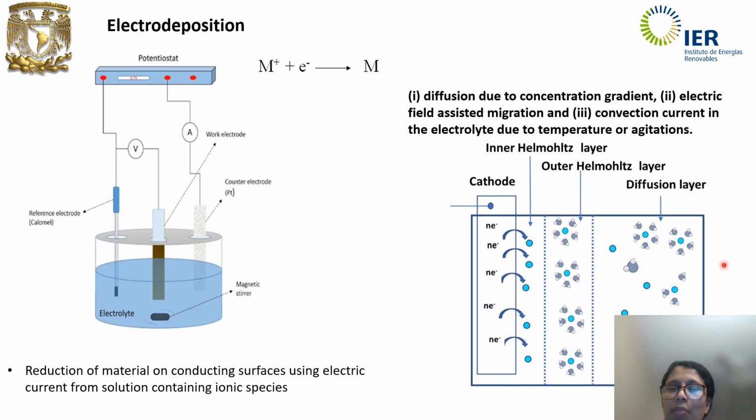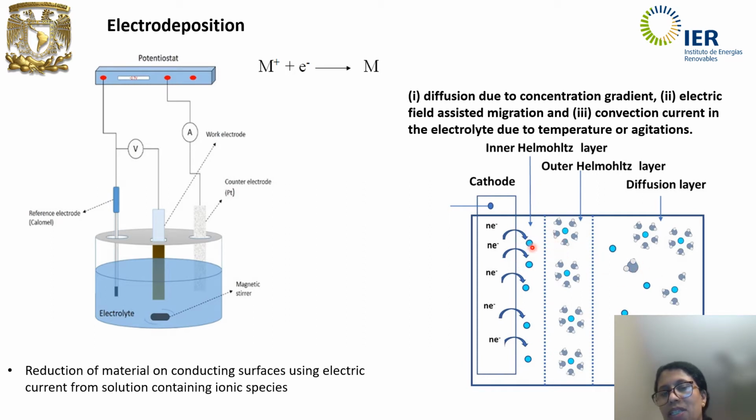Here is an image which is close to what is happening on the electrode surface. The ions in the solution are hydrated, moving around in the solution. These hydrated metal ions migrate to the cathode by diffusion due to the concentration gradient, or by the electric field applied, and the convection current.